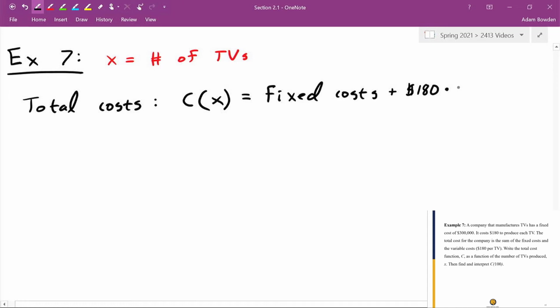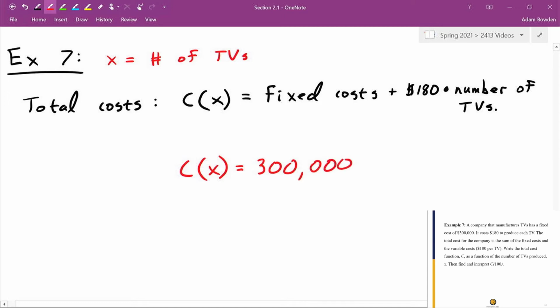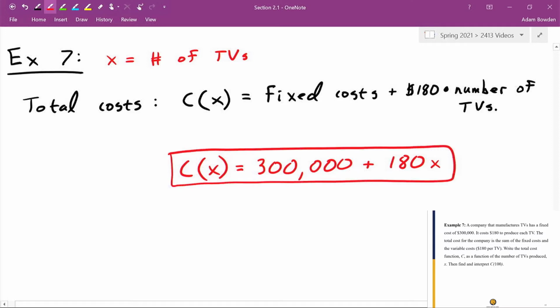So we multiply that times the number of TVs. So our total cost function could be written as the fixed costs, which it says is $300,000, plus $180 multiplied times the number of TVs, which again is represented by the letter x. So 300,000 plus 180x would represent the total costs as a function called C of x.